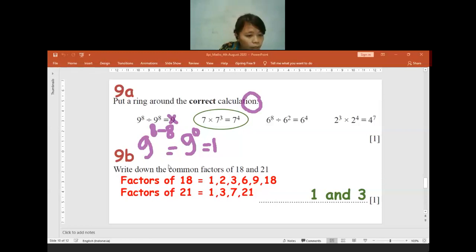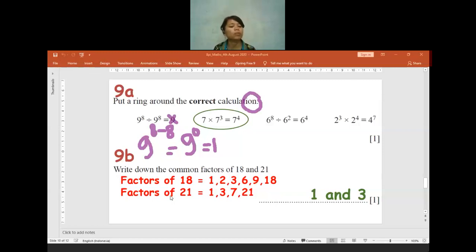Is there anyone having any question for question 9? Hello, is there anyone having any question? No? Okay. For the second calculation, we have 7 times 7 to the power of 3 equals 7 to the power of 4.